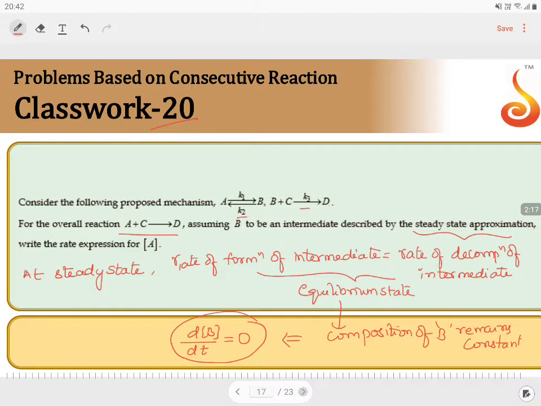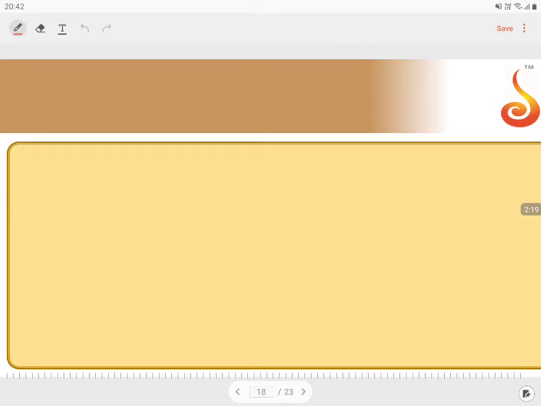Now let us see what dB by dt will be equal to. The rate of formation of B, dB by dt, is K1 into concentration of A minus K2 into concentration of B minus K3 into concentration of B into concentration of C, equal to 0.